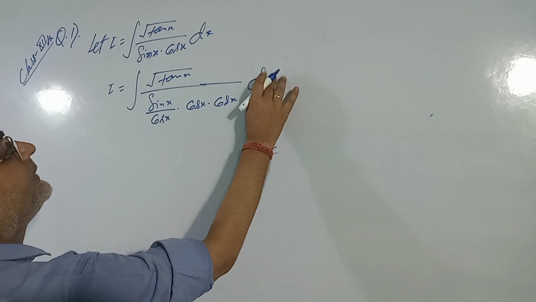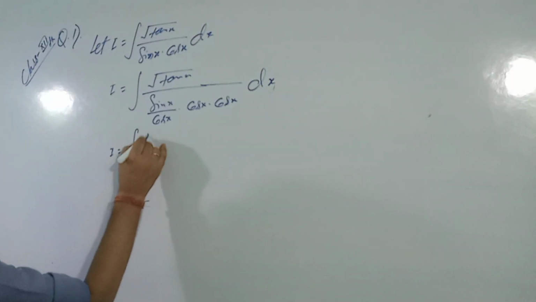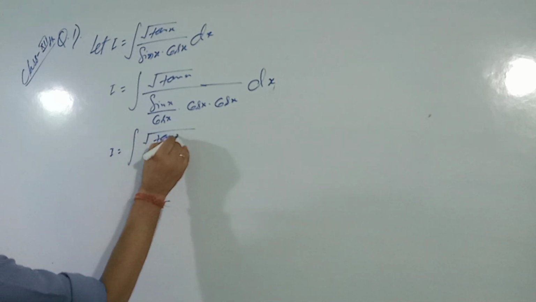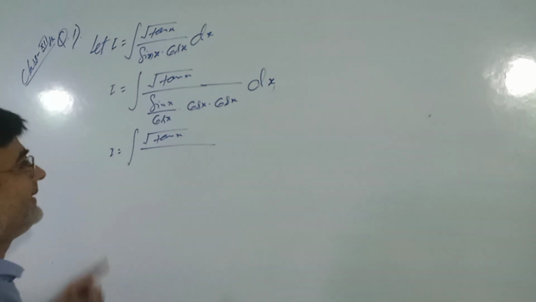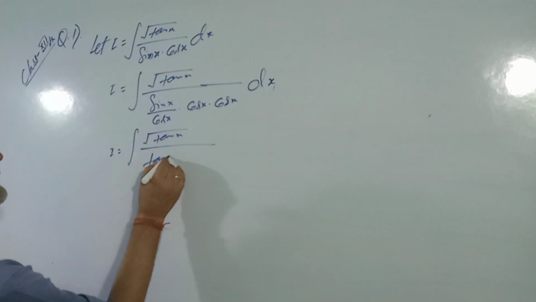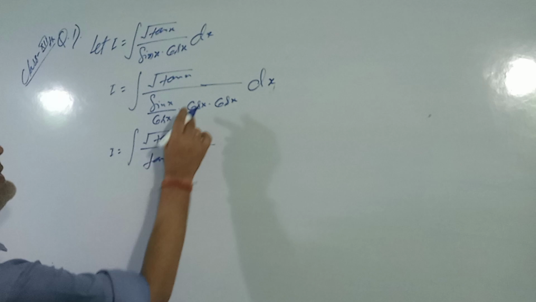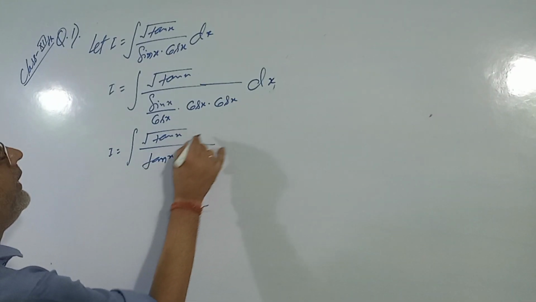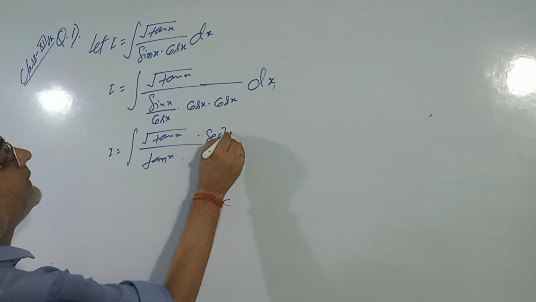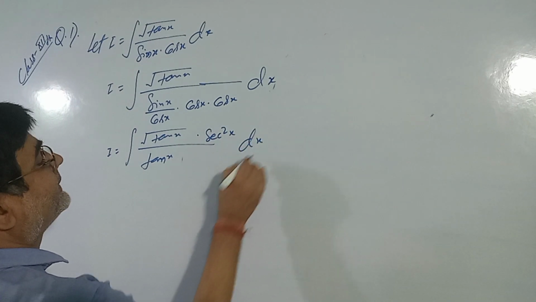Right, students? So I is root tan x over sin x over cos x, tan x, and the cos x into cos x, cos square x, it goes up as sec square x dx.